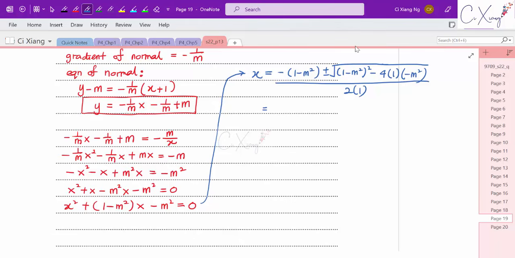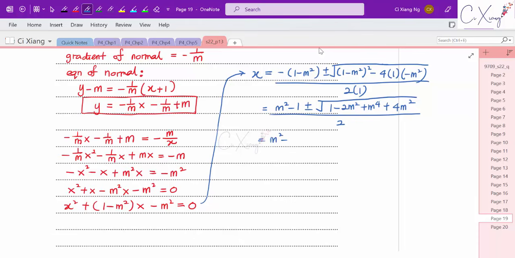Alright, so next step, of course, you need to expand and simplify the thing inside the square root. If I expand the b squared, I'll get this, then plus 4m squared, divided by 2.